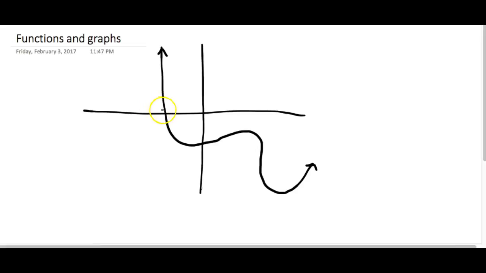And so when we're looking at the domain, we're looking at this part. So let's say this is -2 and maybe this is 7. So if we're looking at that, we would say that the domain is between -2 and 7.